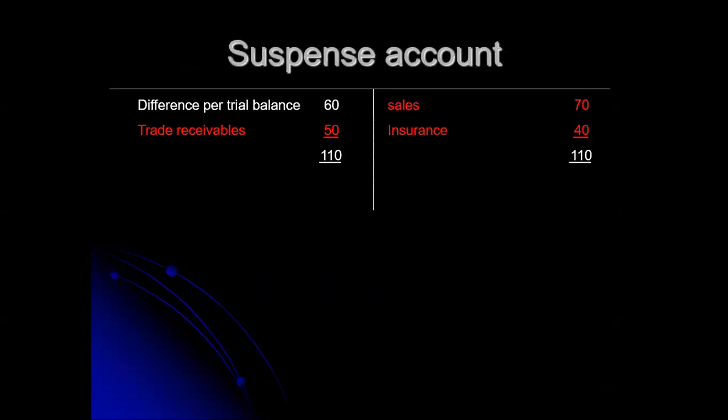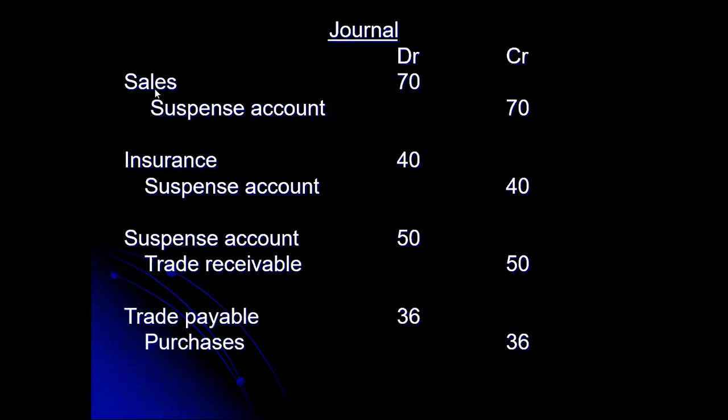So going back to the journal entries, I'm only going to select revenue and expense accounts. I'm not going to select any other classes other than revenue and expense. So here we have debited sales, which means we have reduced the revenue. So when you reduce revenue, profit will decrease.